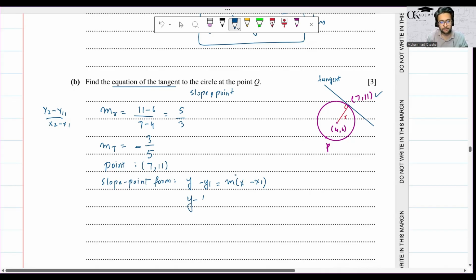So y minus 11 is going to be negative 3 over 5 times (x minus 7). Okay, I'll stop here. We can further simplify if you want. This is the equation of the tangent to the circle at Q.